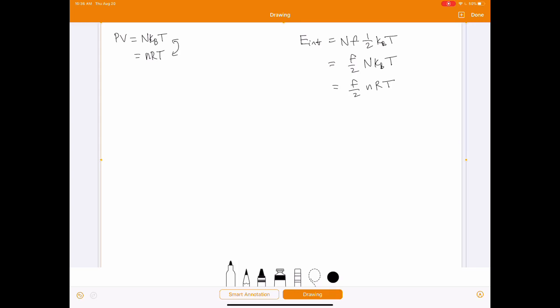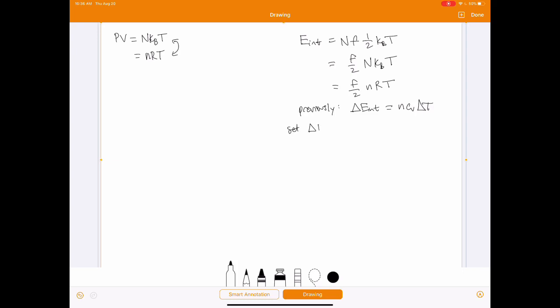And we previously derived in the last lecture that delta E internal for any process whatsoever is equal to n CV times delta T. So in other words, we have these two different expressions for internal energy that we derived going from two different approaches, and we can set them equal to each other.